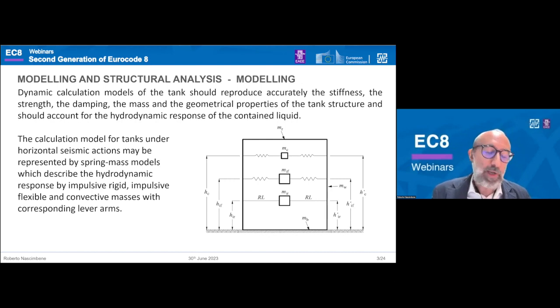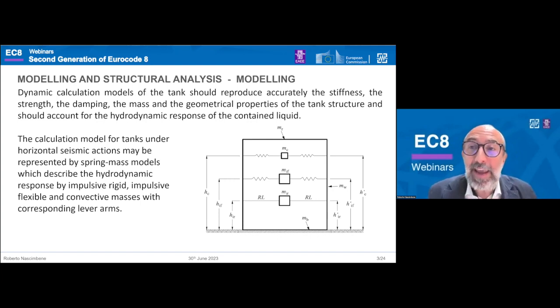Using the equivalent mechanical model, the evaluation for tanks under horizontal seismic action may be represented using spring models which describe the hydrodynamic response of the impulsive rigid mass, flexible impulsive mass, and convective, and corresponding height, or better, level arms.